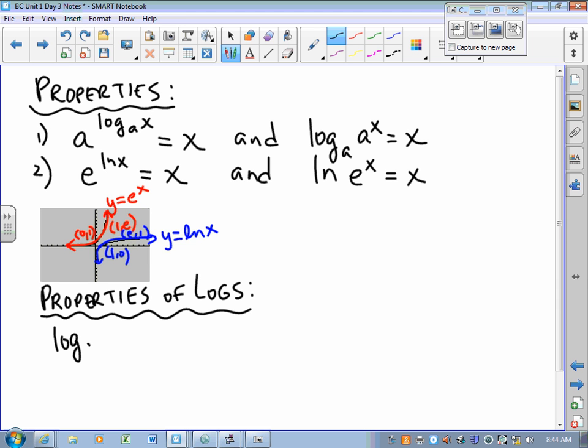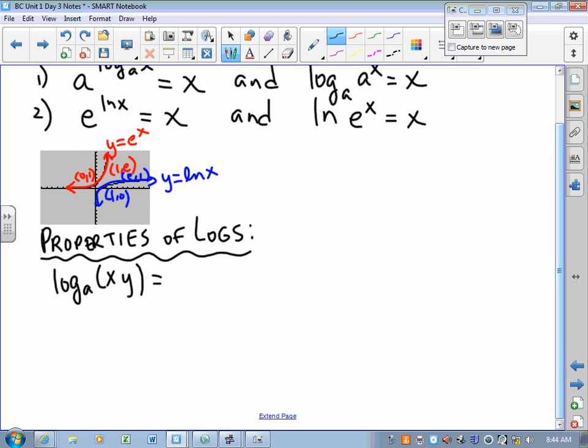You've got to know that if you have the log of a product, that's the same as adding the individual logs. And the reason why that works is because logs were created to turn multiplication problems into addition problems.